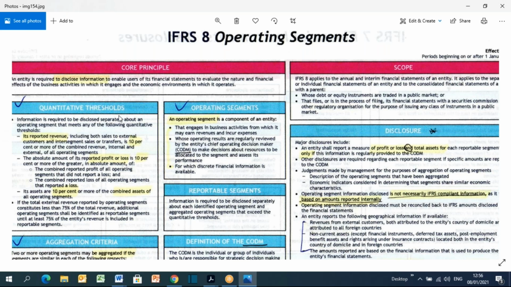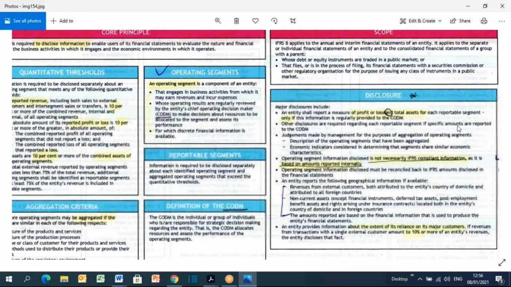Also, you should know the threshold, 10% of revenue, of profit or loss. You should know this, and also disclosures. You should also remember there was a recent question about this, that the disclosures are not necessarily to be IFRS compliant information, but are to be based on the information that is given to the parent company.